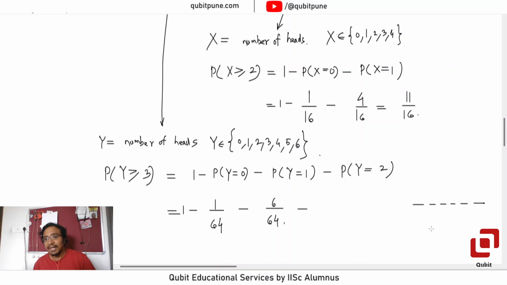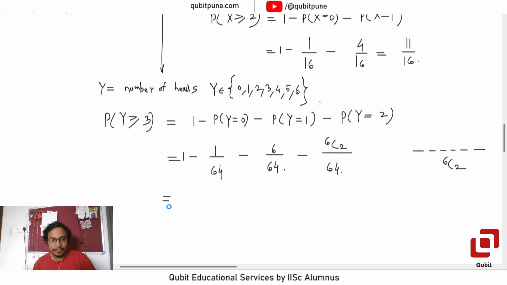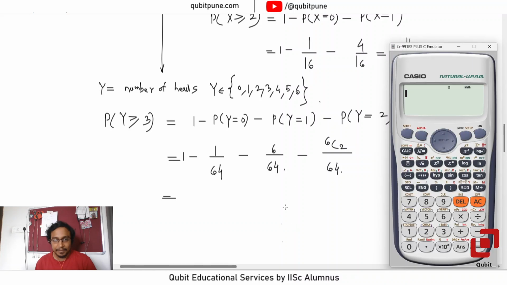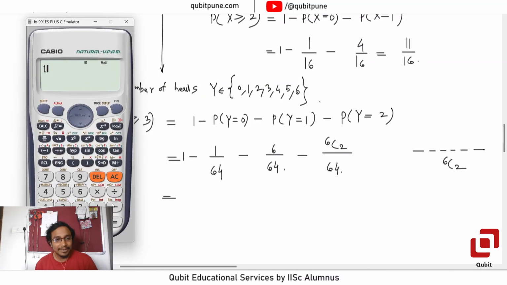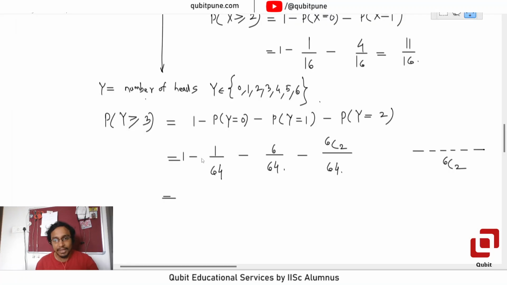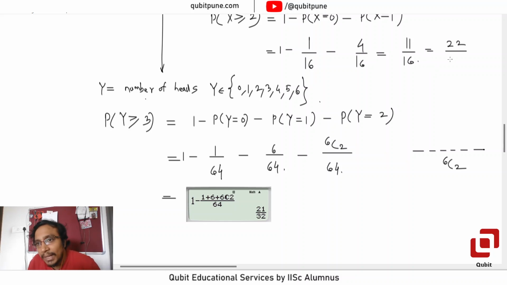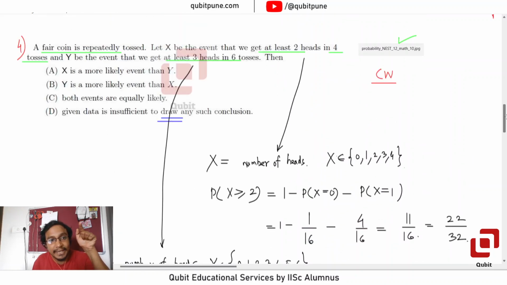Out of these, the places where heads can come, so we have to take 6c2. Correct. Okay, so let me check now. 1 minus a fraction with 64 in the denominator, 1 plus 6 plus 6c2, 21 by 32. Pretty close to that. So this is 22 by 32 and this is 21 by 32. So the first one is greater. X is more likely than Y. Option A.